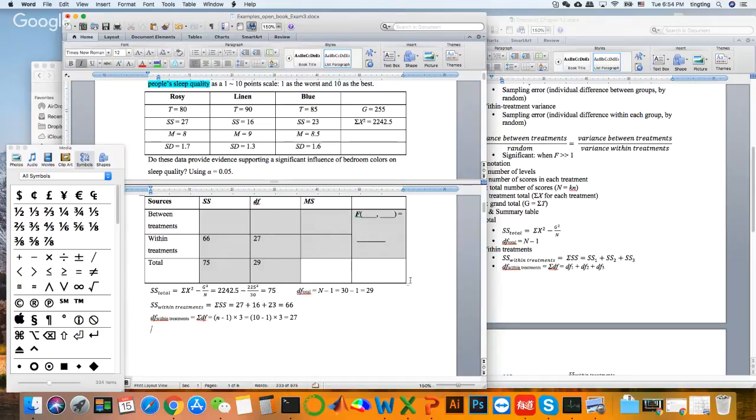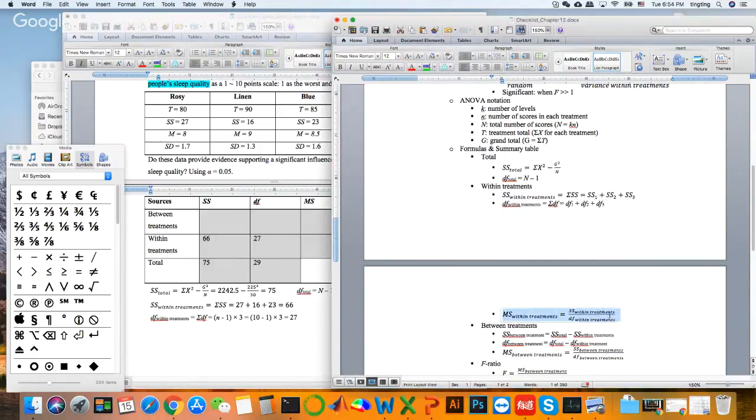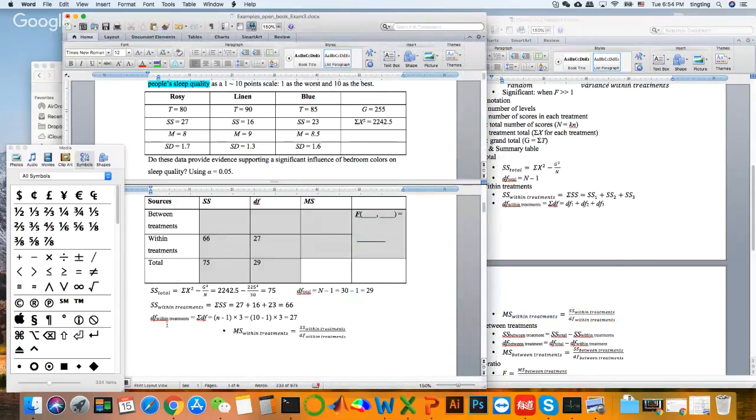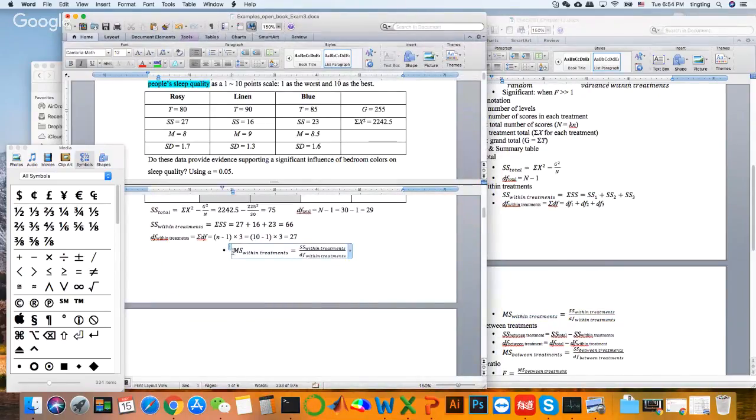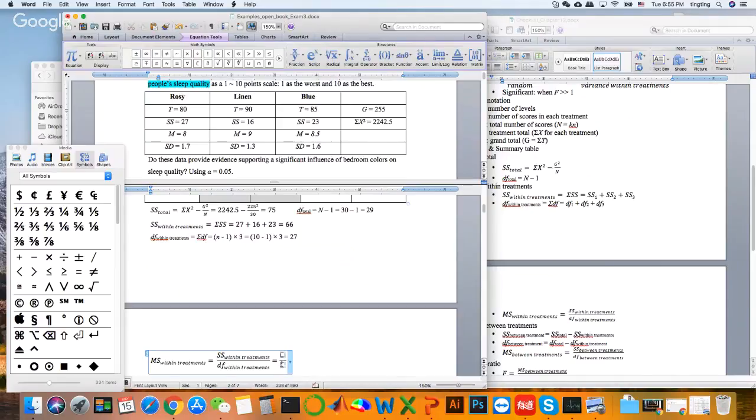So we can also compute the MS within, which equals the ratio between its SS and DF. Here equals 66 divided by the 27.